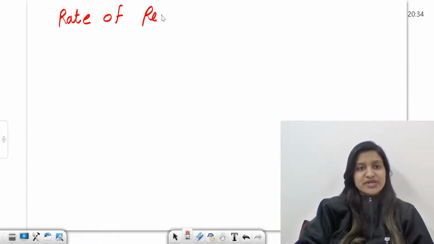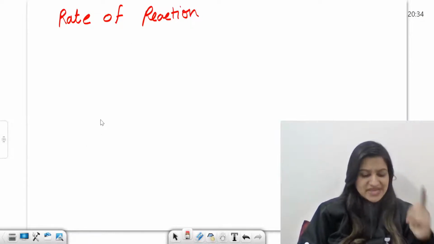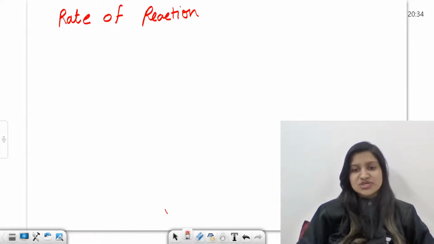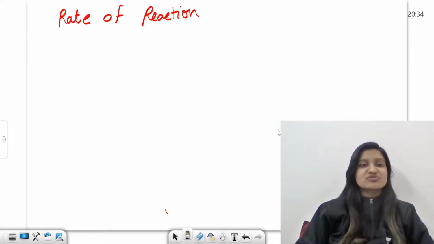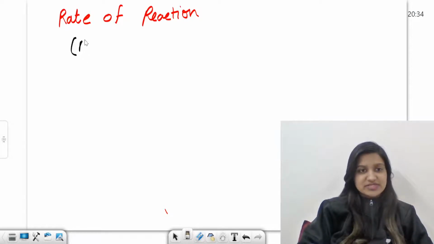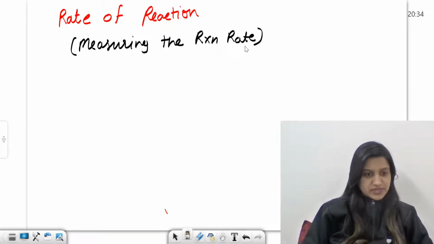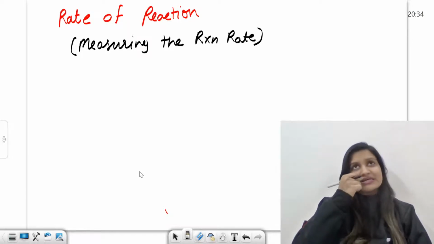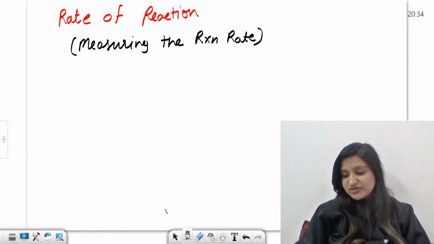Now, how do we measure the reaction rate? Let me tell you the quantities in which we can measure the reaction rate, the speed of the reaction.